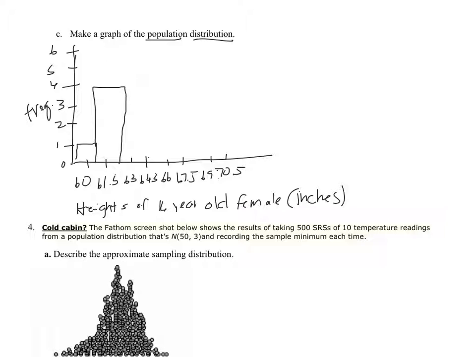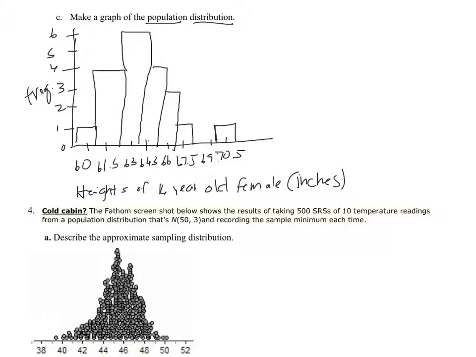We're going to go up to 6. Try to make them a little bit straighter than I am. And then we go to 4 again, and then 3, and then 1. And then we don't have anybody in between those values. And there we go, so there's an example of a histogram. And again, make sure that you have your labels.